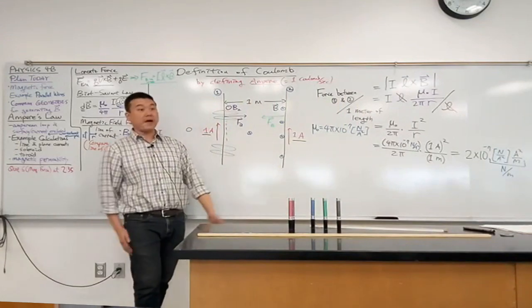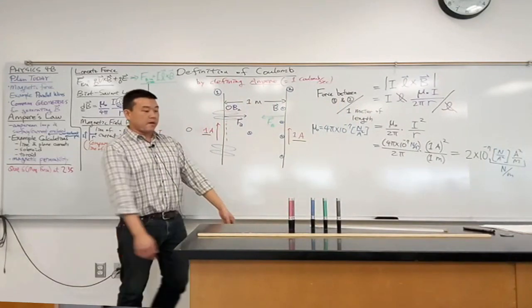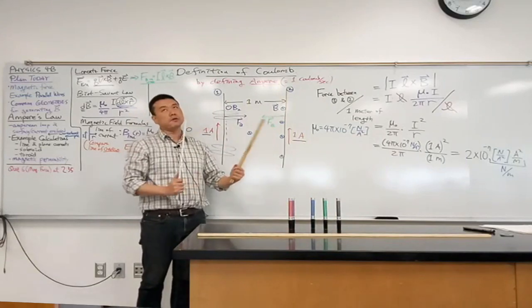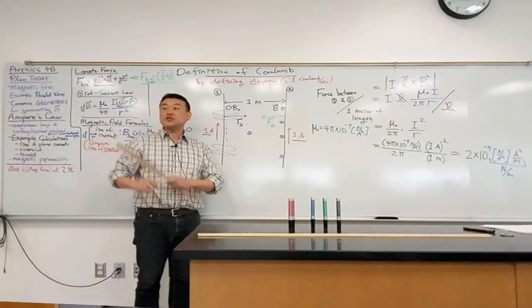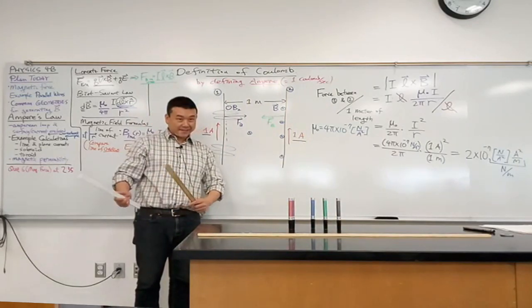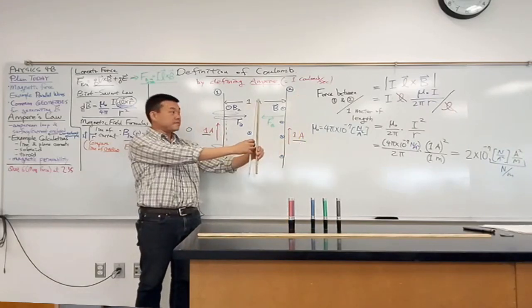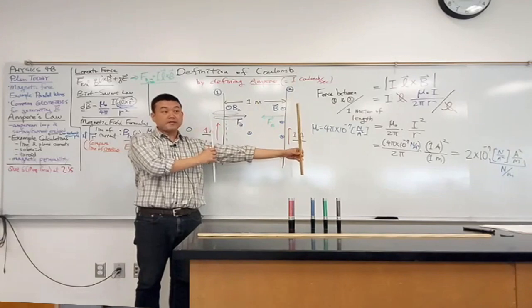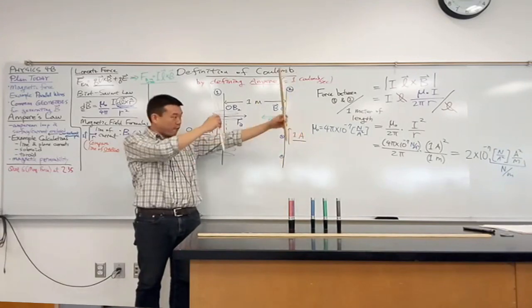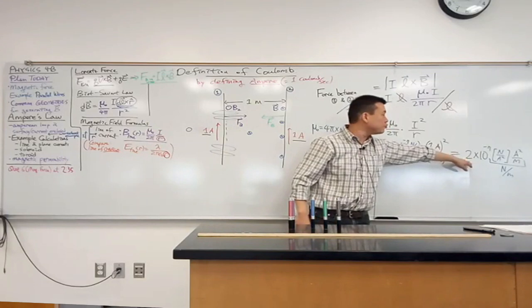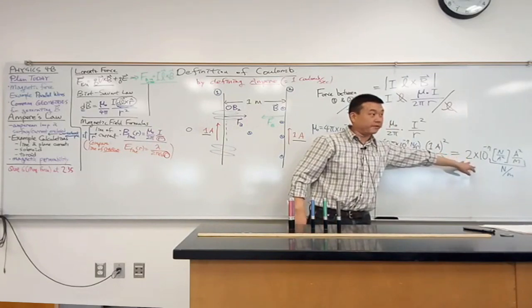This is how the ampere is defined. Ampere is such an amount of current that if 2 wires carry that amount of current and are separated by 1 meter, then the force per length of the wire would be this much, 0.2 micronewton per meter.